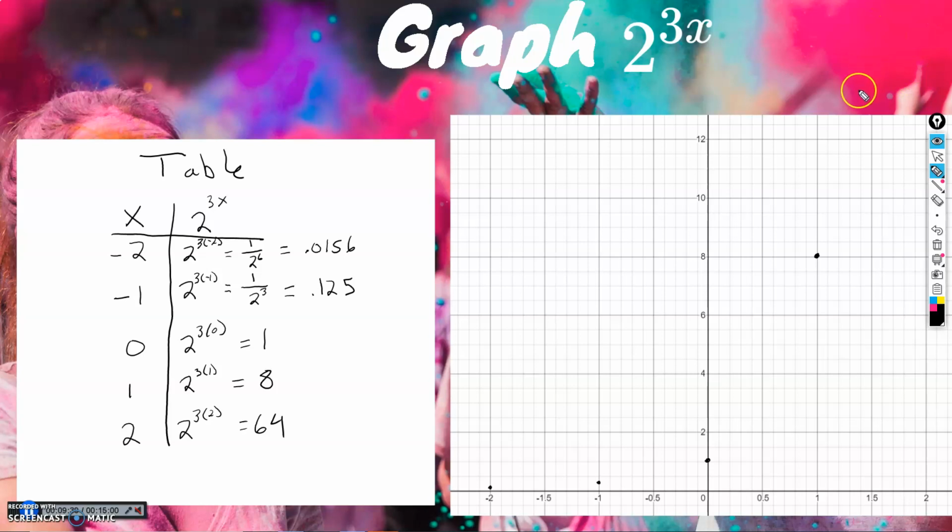We're at 64, which is like off my screen, even. So let me try to draw this as best I can. Connect. Got through 3, got through 4. This is going to take a very, very steep upturn. But this is a very rough sketch of the graph of 2 to the 3x.